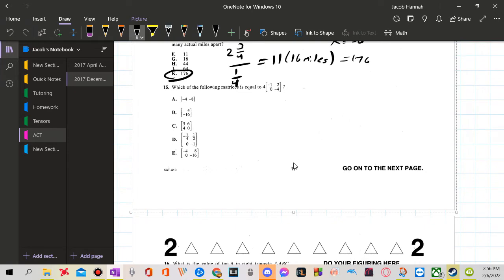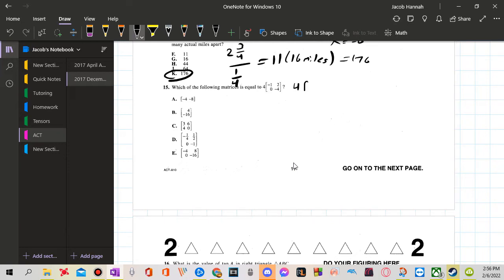Which of the following matrices is equal to this? Alrighty. So with matrices, they're just like an array of numbers, a listing of numbers. They work pretty much the same as anything else in math.